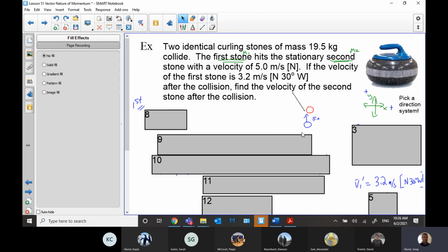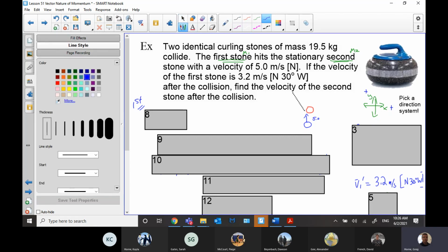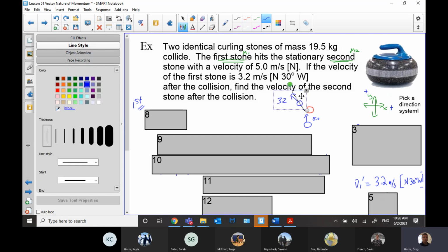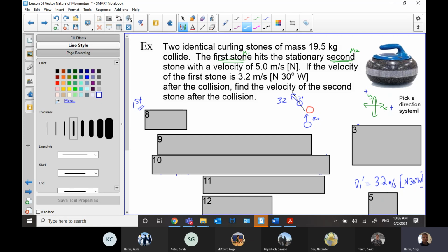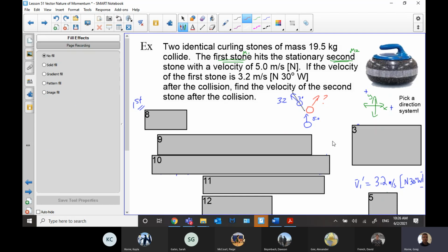So we picture the blue stone going off like that, and we're asking what the other one does. Right, so that's the 3.2, the 30 degrees, and so on, just rough. Anyways, we get the idea that it's going to be going like this, right? But we're just not sure of the details. So we've got a good visual of it. Now we can start to work our way through everything here.